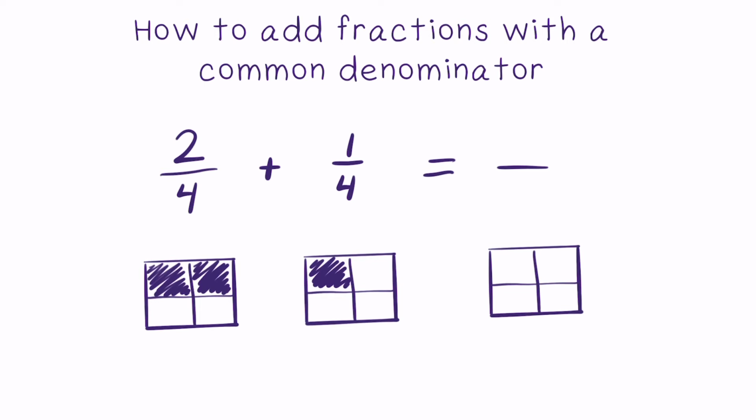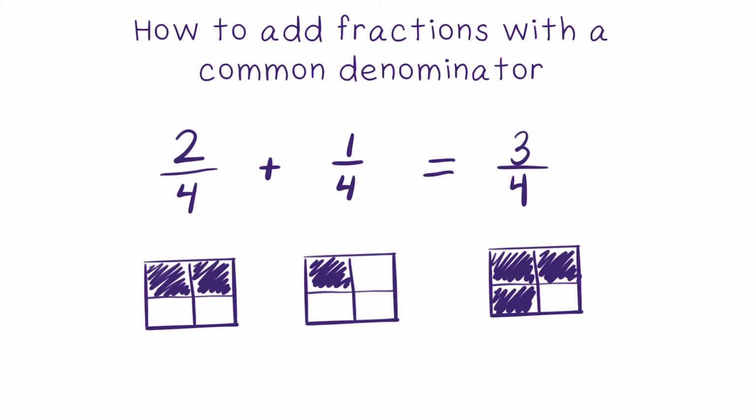The first time, we're using 2 out of those 4/4, and the second time we're using 1 out of those 4/4. So in order to find our sum, we're going to basically take each shaded section, each shaded fourth, and bring them to our sum. What that looks like in this simpler case is that you take your 2/4 and add 1/4, and it gives you 3/4.